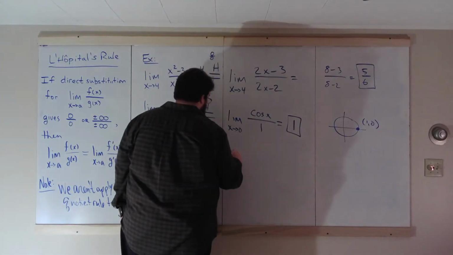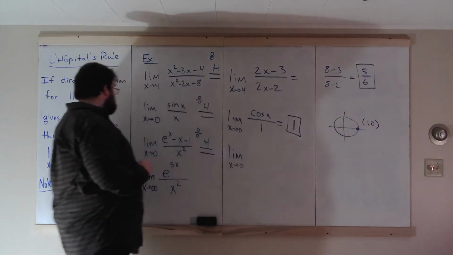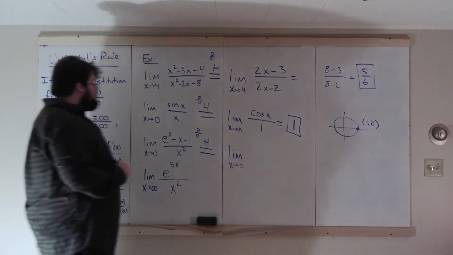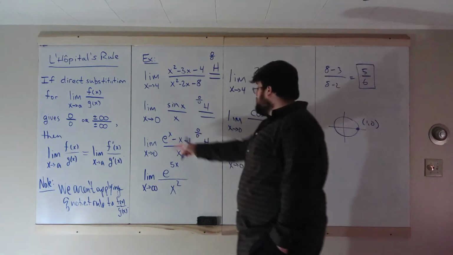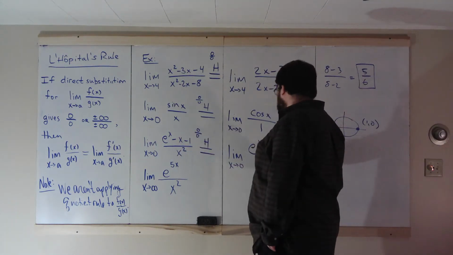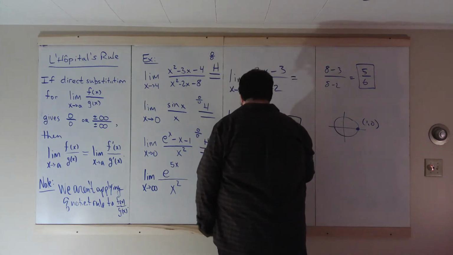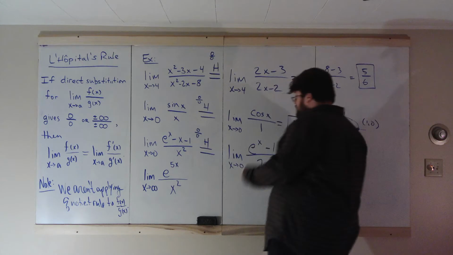The limit that we're given equals the same limit as x approaches 0. Derivative of the top, e to the x minus 1 minus 0 plus 0 if you want, over derivative of the bottom, 2x.